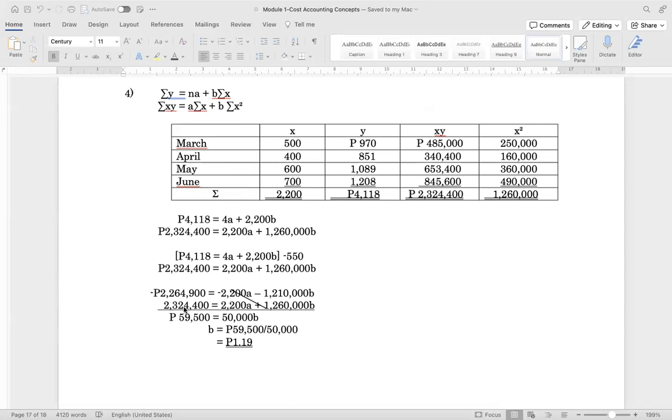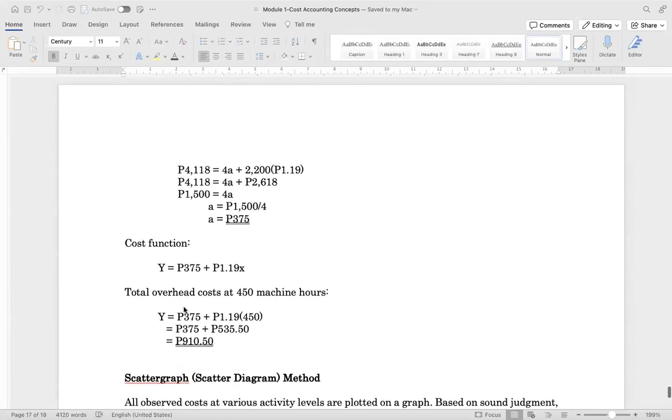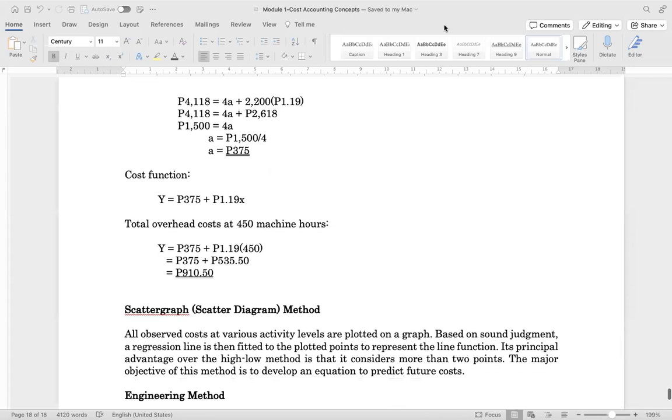So for the fixed cost, applying the formula, 4,118 equals 4a plus 2,200 times 1.19. So you have 4,118 deducted by 2,618, that's 1,500. Divide this by 4, so a now is 375.